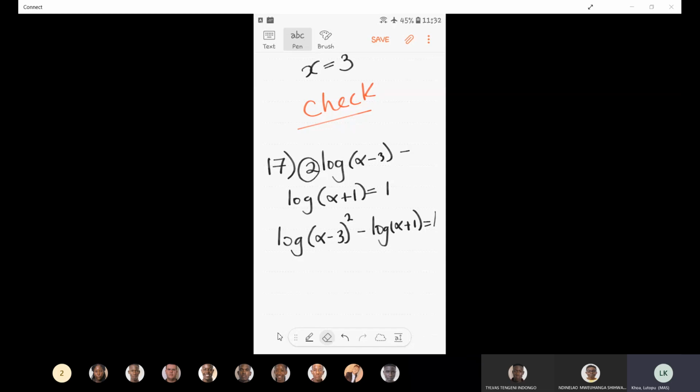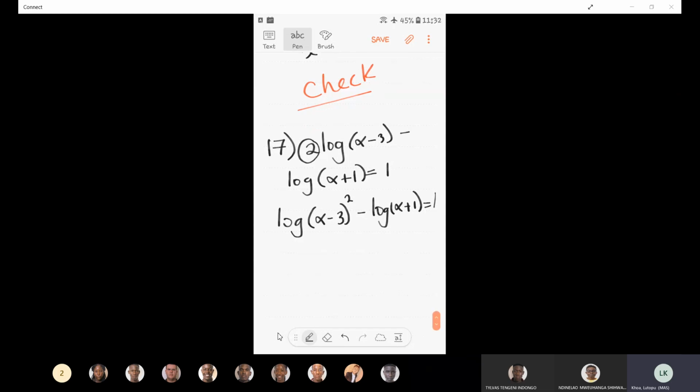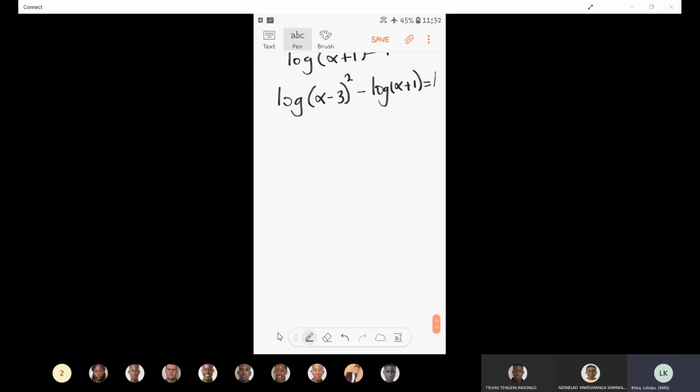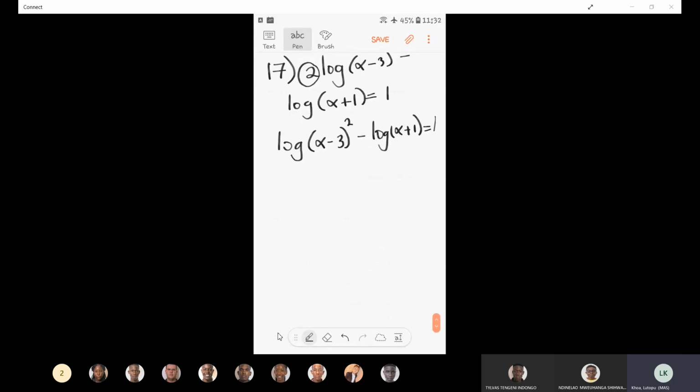Then from here, the bases are the same. They both have a base of 10. So I combine them, and because I'm subtracting, I must divide the arguments. So I have log of alpha minus 3 squared divided by alpha plus 1. This is equal to 1.